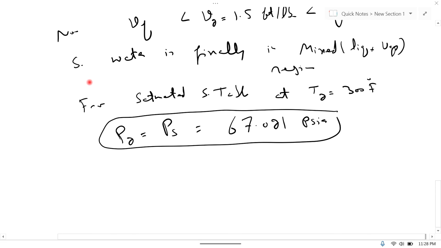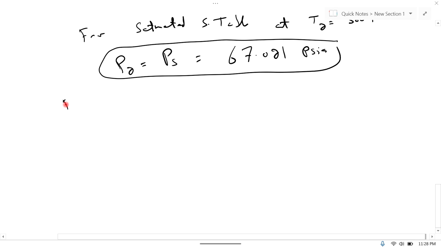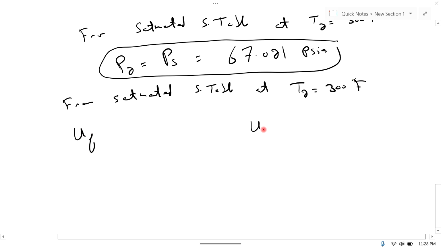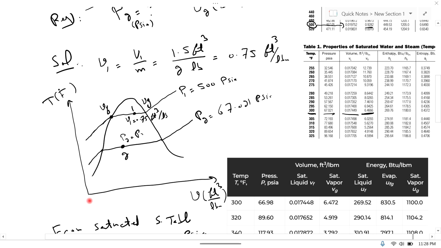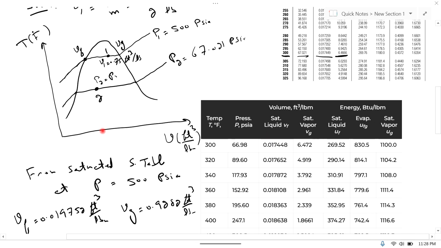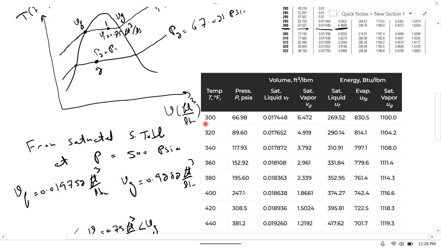So for U2 we will find Uf and Ug from the saturated steam table at temperature T2 equal to 300 degrees Fahrenheit. As U is not available in this table, I am using another table to find the value of U. This is temperature 300 degrees Fahrenheit, and this is the value of Uf, and this is the value of Ug.